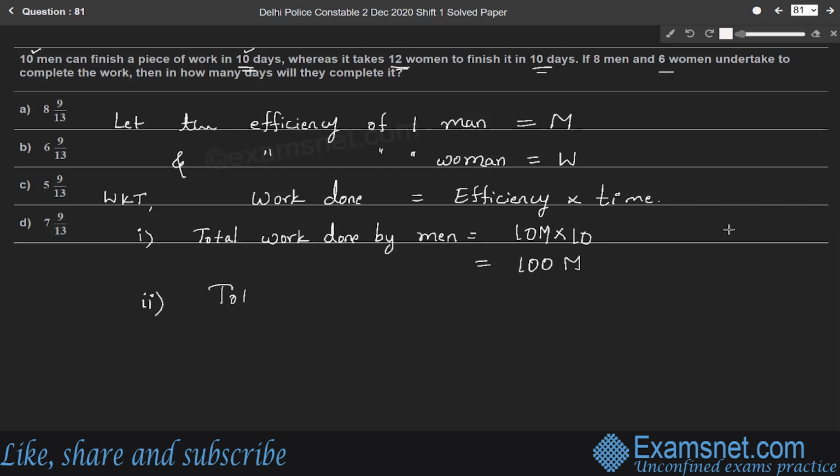And total work done by women: 12 women took 10 days, so 12 into the efficiency of one woman into 10 days is 120W.